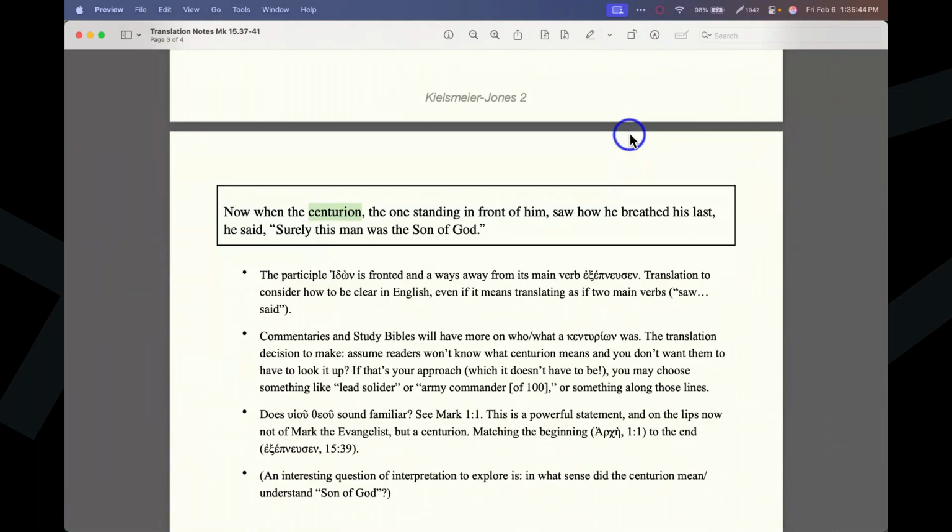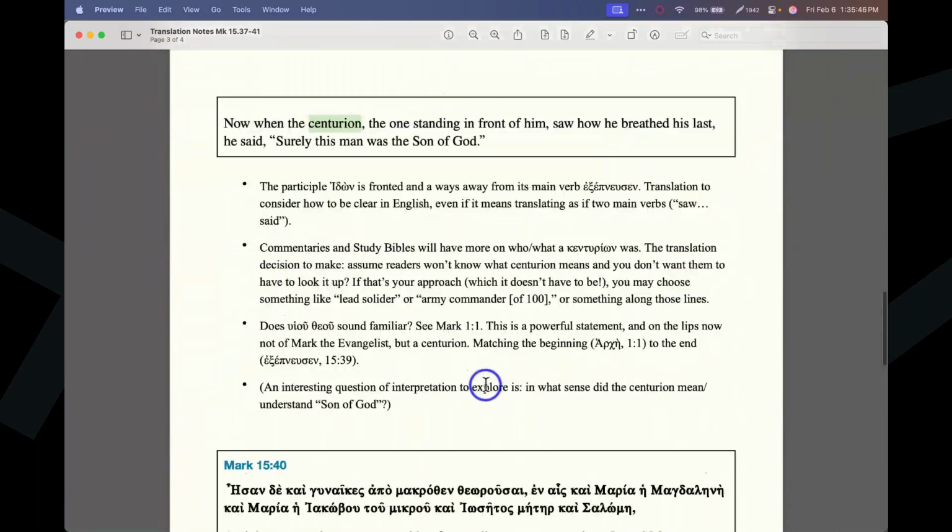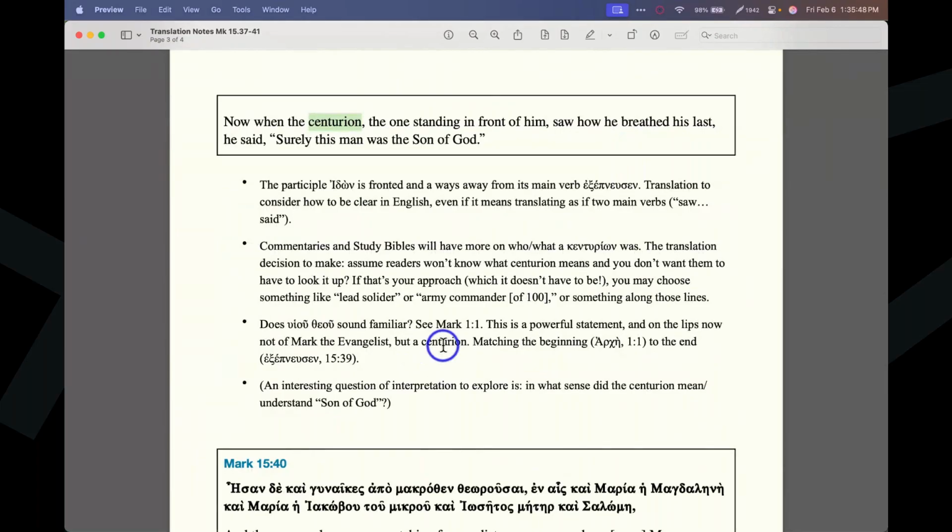It was on the lips of Mark the evangelist at first, but now it's on the lips of a centurion. And in the beginning, Mark 1:1, you had archē, and now you've got exepneusen at the end, breathing his last. So from the beginning to the end, we have this Son of God bookmarking both the beginning and the end. Whether the centurion knew that he was playing this part in Mark's narrative is another question.